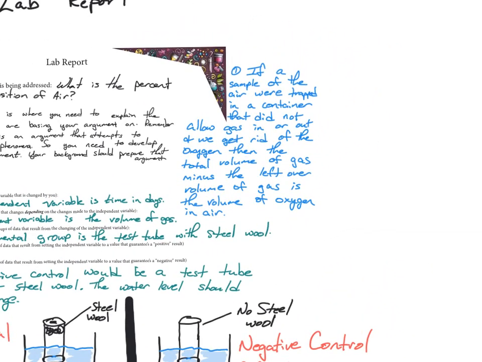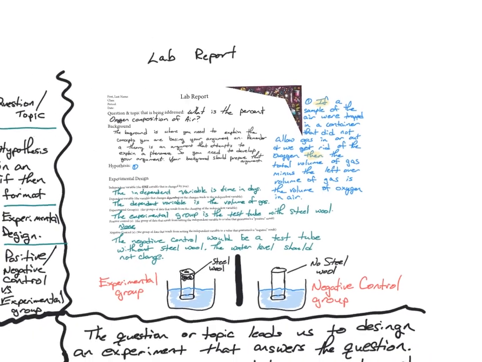It says here, if a sample were trapped and did not allow the gas to go through, then this would happen. If this happens, then that happens. It's a very logical format, and it's very testable.